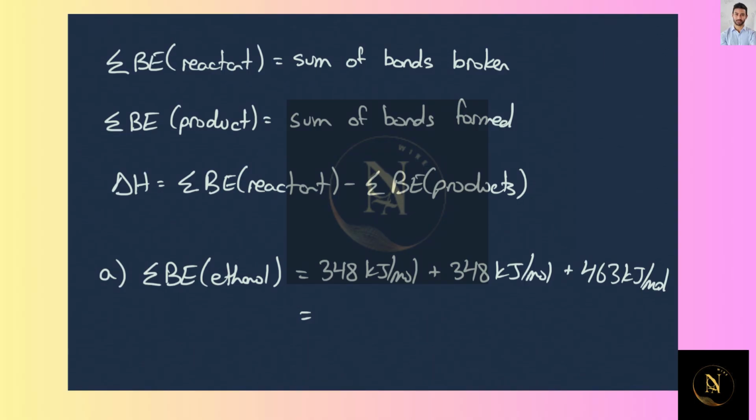And this would give me, double check here. Sorry, CO would be, this would be 358.